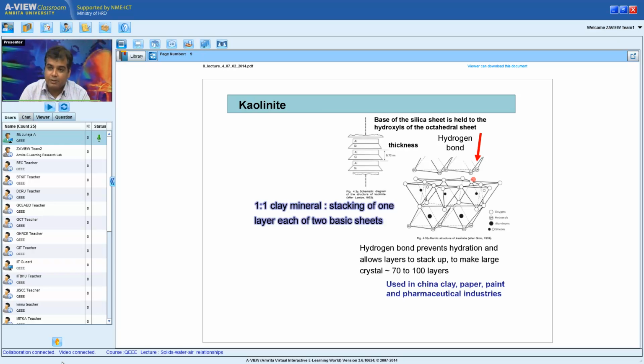It's difficult to hydrate, and if it's difficult to hydrate, meaning it's difficult to swell, or to add one crystal to the other crystal, which enhances the swelling potential. We'll speak about swelling potential in a while, but for this slide, I would like you to look at the hydrogen bond.